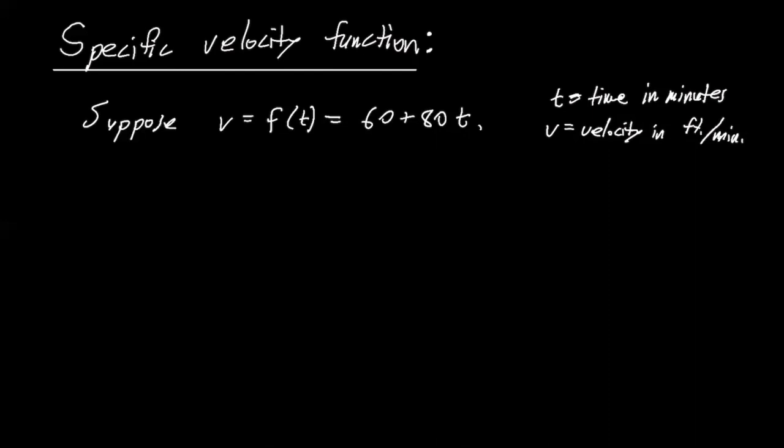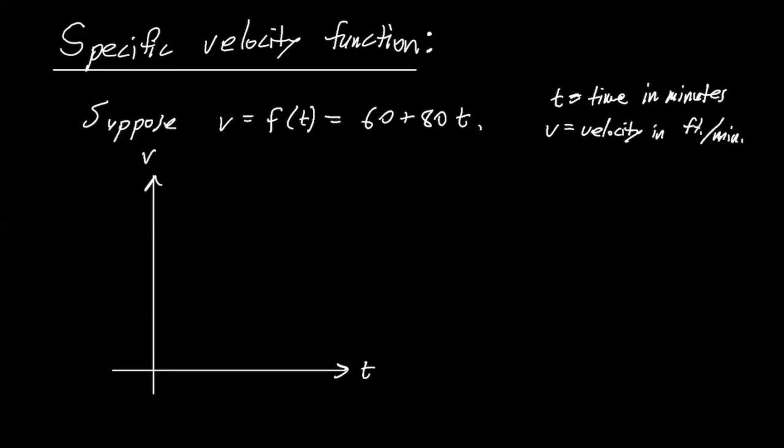So let me draw this again. Instead of drawing points, now we'll have an actual function. So let's put time on the horizontal axis, and velocity on the vertical axis.